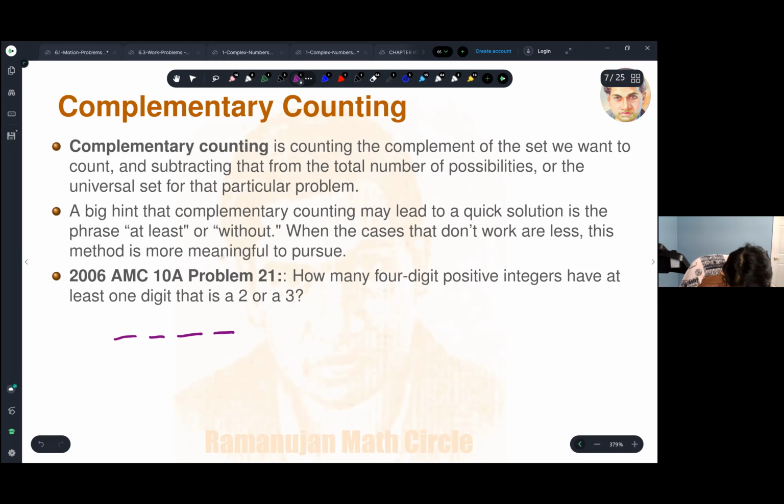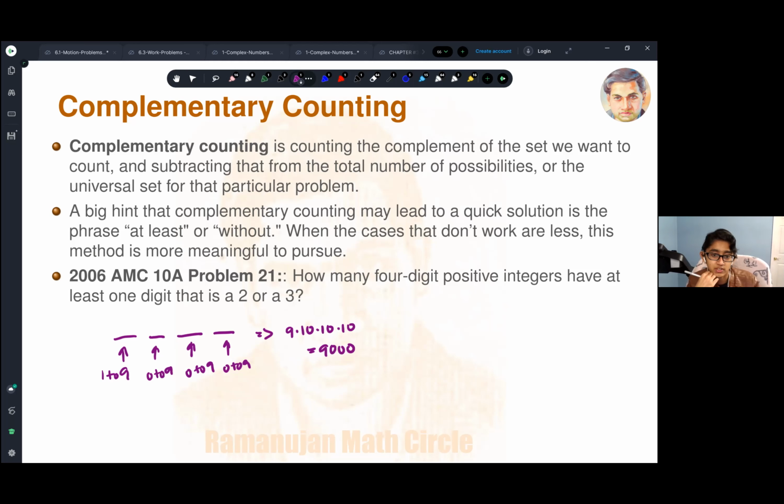The first can be 1 through 9, and the others can each be 0 to 9. So based on the multiplication principle, it would be 9 times 10 times 10 times 10, which is 9,000. That's our total number of 4-digit positive integers.